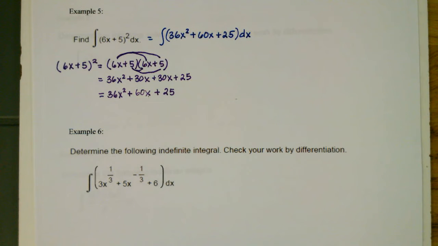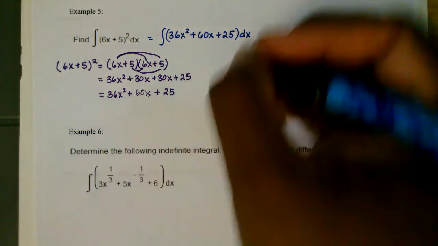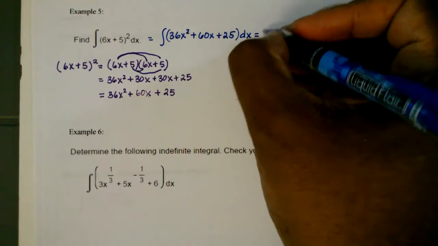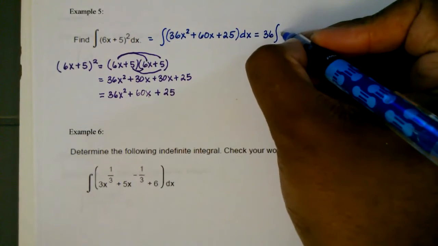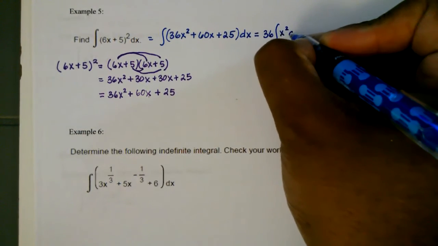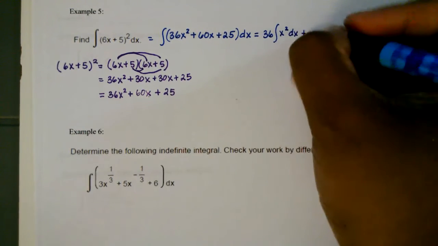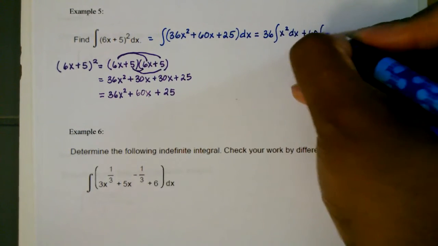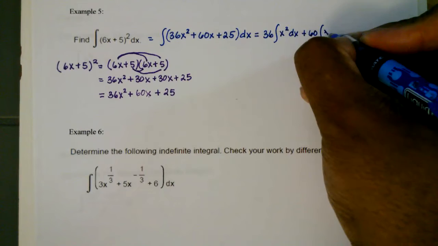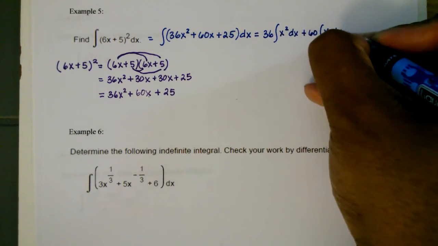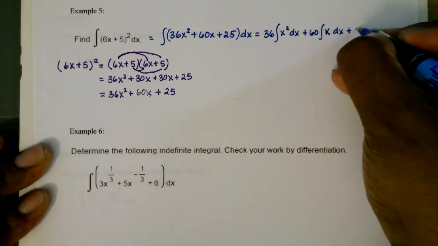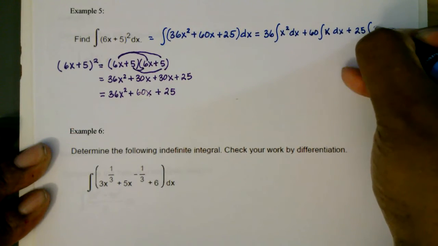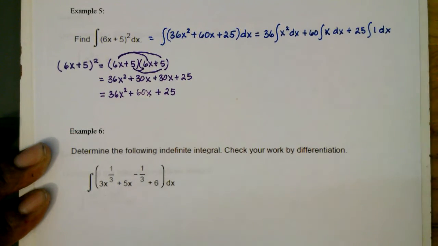Now I'm going to go ahead and just use the constant multiple rule and the sum rule on this next line. I know I'm going to have to pull out the 36 since it's a constant. That'll be multiplied by the integral of x squared dx plus, let's pull the 60 out in front, 60 times the integral of x dx plus, I'll pull the 25 in front, multiplied by the integral of 1 dx.